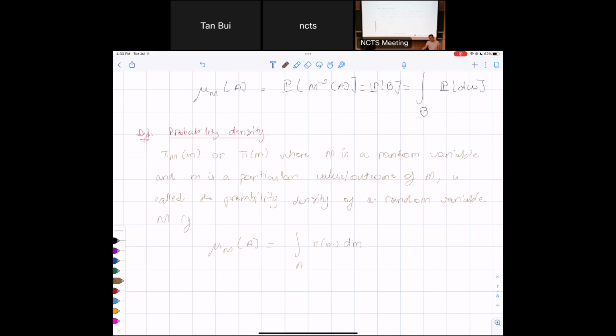That helps you calculate the probability of A without going to the sample space. That object is called the probability density.